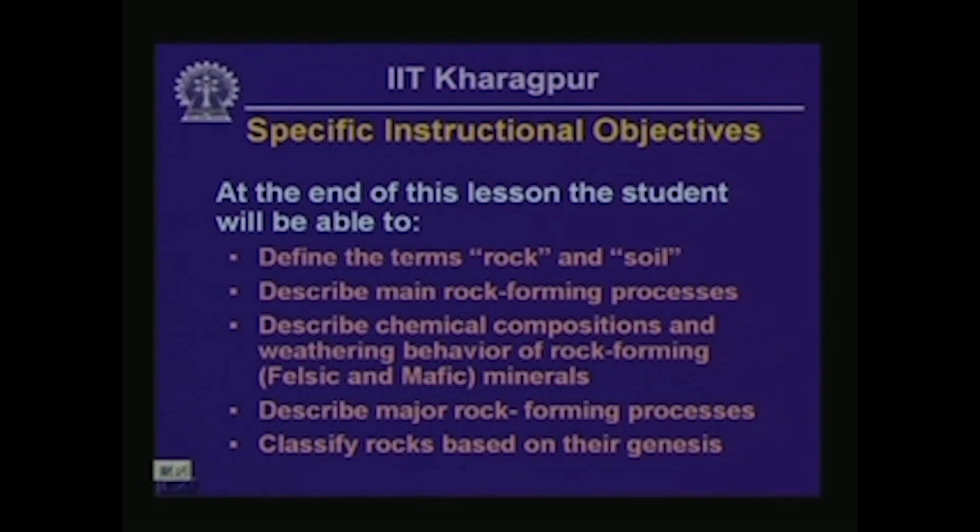Then we will be able to describe the main rock forming processes, geologic and chemical processes involved in the formation of rocks. Thirdly, we will be able to describe the chemical compositions and weathering behavior of the main types of rock forming minerals, felsic and mafic, as I just mentioned when I was taking care of the previous day's question set.